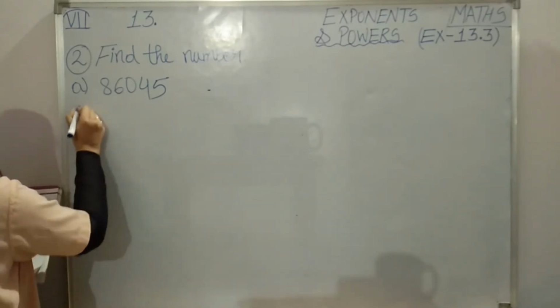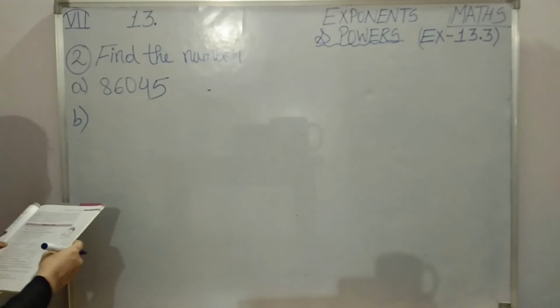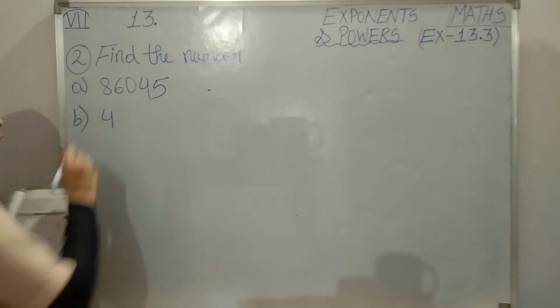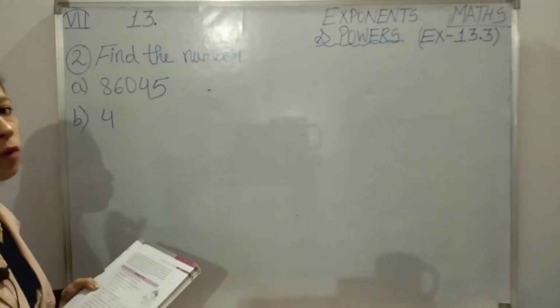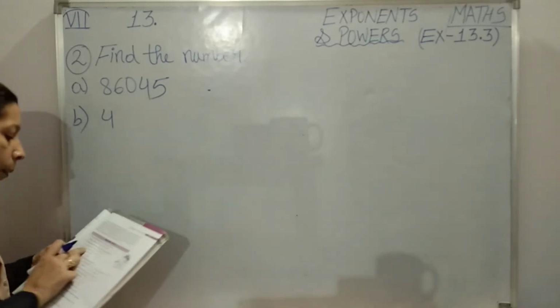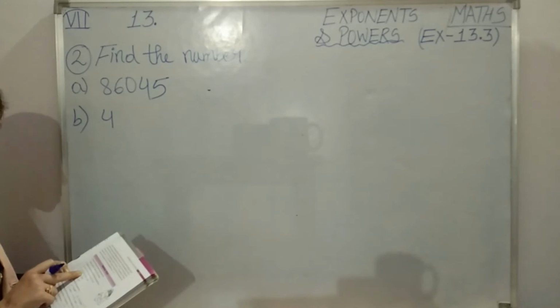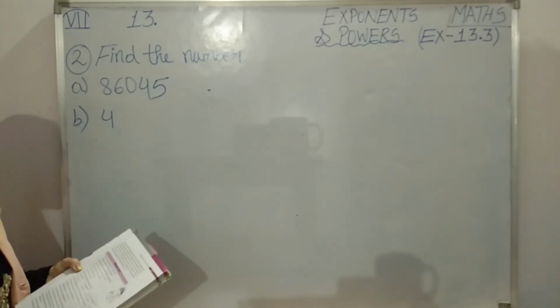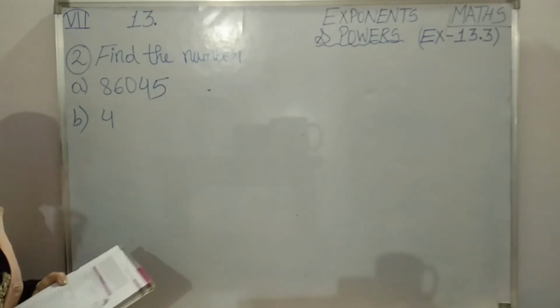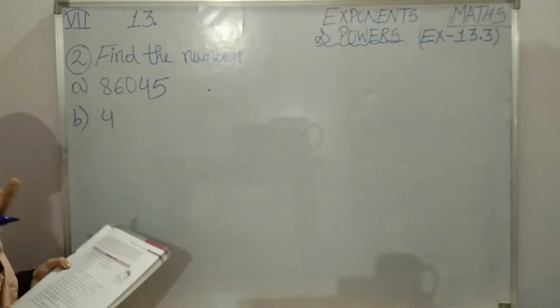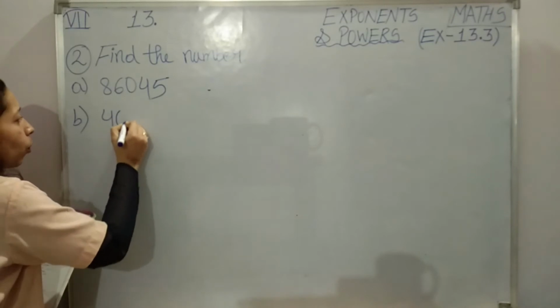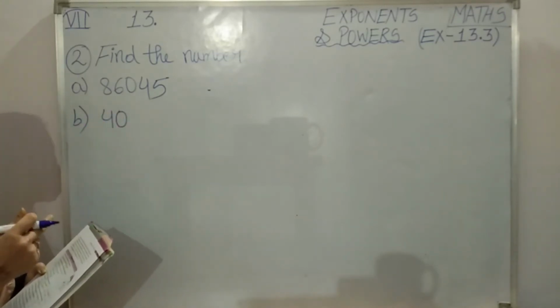Okay, let us see the second one also. 4 into 10 raised to the power 5. Okay, fine, I have written 4. After 10 raised to the power 5, now the next exponent we want is 10 raised to the power 4. But see in the question, students, plus 5 into 10 raised to the power 3 is given. What about 4? No digit is given with 10 raised to the power 4. So what are we going to do? We are going to put 0. In the first question I have explained this to you, isn't it?